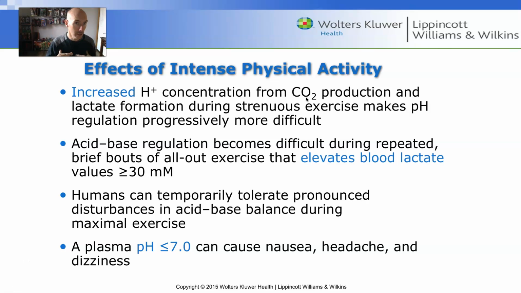So the reason why our respiratory system and our cardiovascular system are so sensitive and responsive is because we want to mitigate or minimize the change that occurs in pH, okay? Exercise, therefore, poses a very significant challenge to pH, right? Because we're producing so much lactic acid. We're producing a lot of CO2.